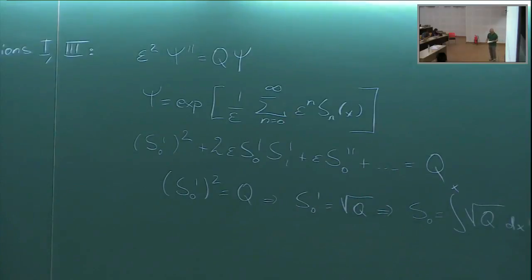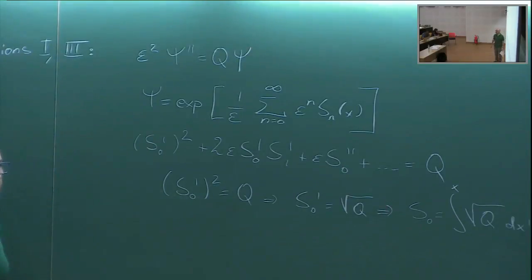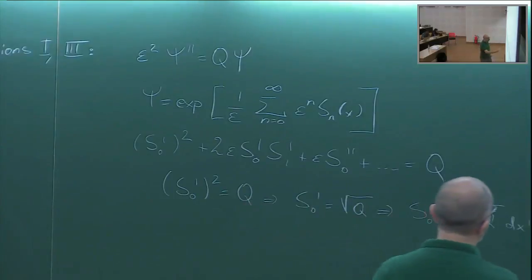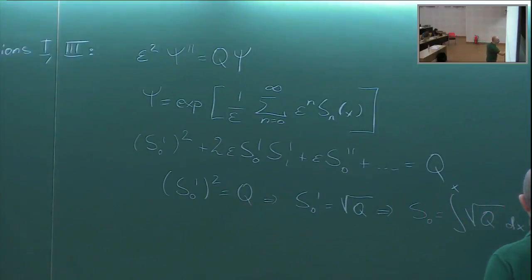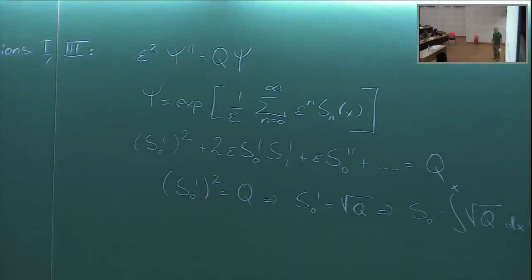Okay? Then you have to solve this equation here, which is called the eikonal equation, or when you work at this order in epsilon, you say that you work in the geometrical optics approximation.